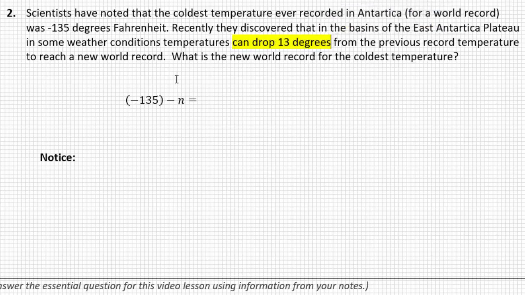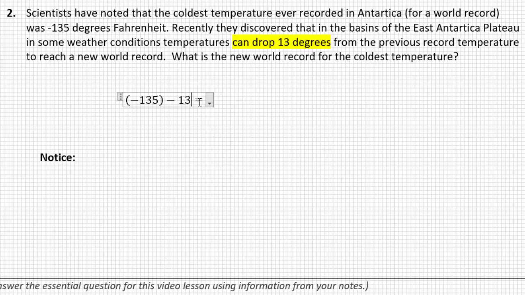So drop told me to subtract. And then I would say that this is a positive integer right here. So I'm going to set up my subtraction problem to read negative 135 minus 13 to show that I'm dropping or subtracting another 13 degrees.